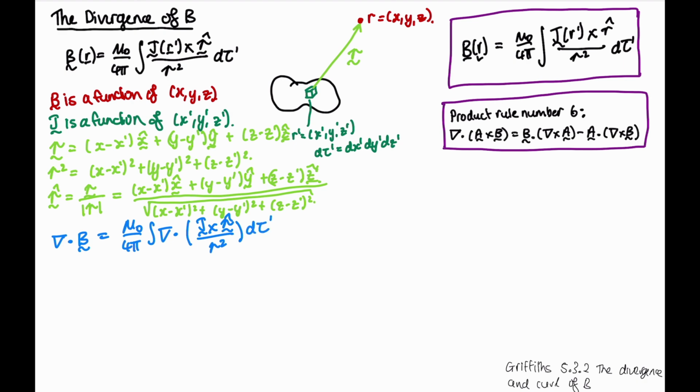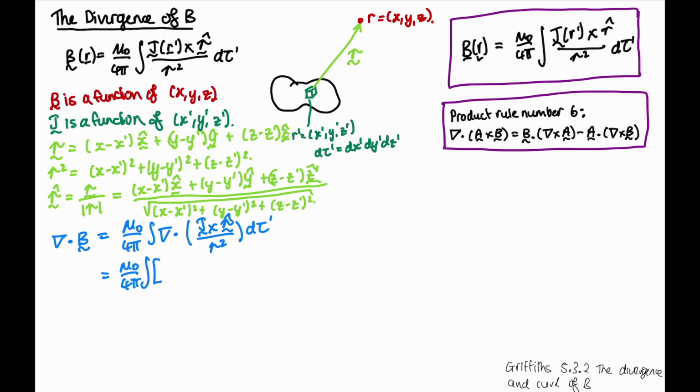And now what I'm going to do is use one of the product rules. So Griffiths has this listed as product rule number 6 in the front, which tells us that the divergence of the cross product of two vectors is equal to the dot product of one of those vectors with the curl of the other minus the dot product of the other vector with the curl of the first. So this is equal to mu naught over 4 pi times the integral.